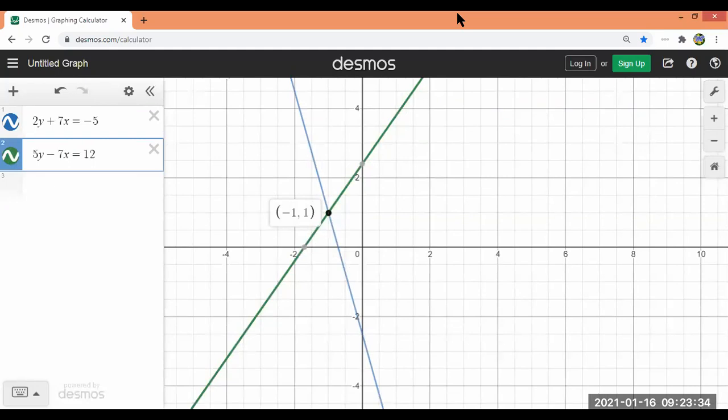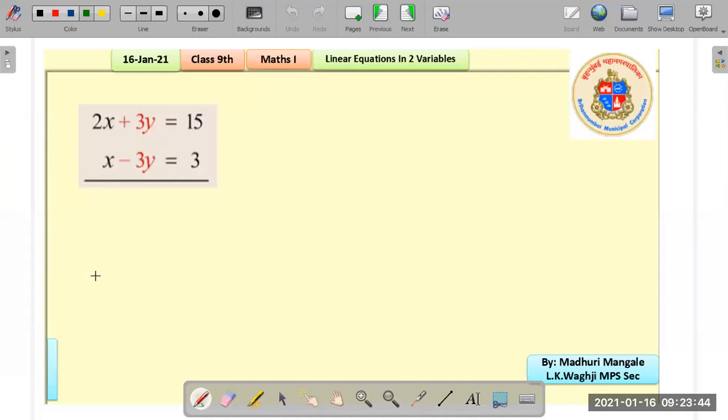Now let us try one more question. 2x plus 3y equals 15 and x minus 3y equals 3. First thing you should check: are the coefficients of the same terms, the like terms, the same?